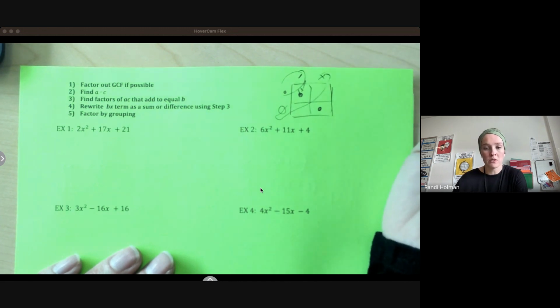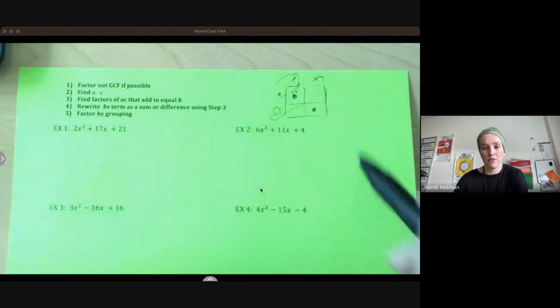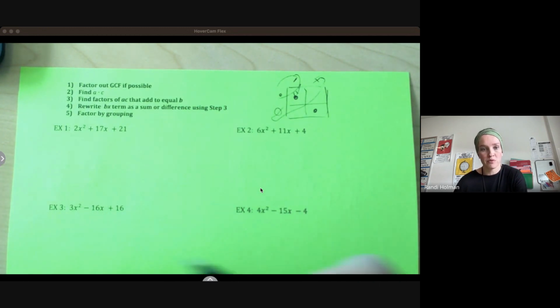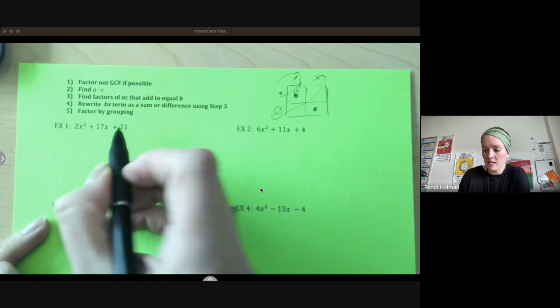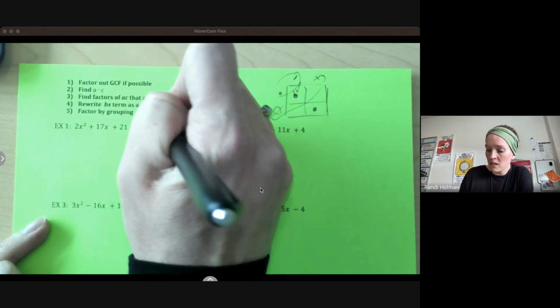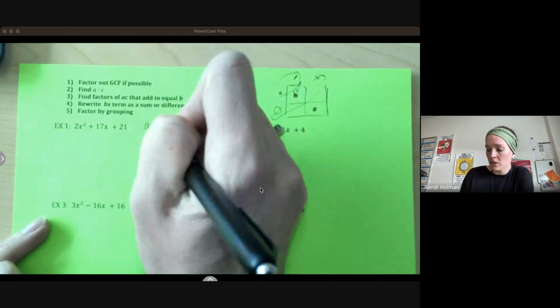So when we multiply those two things together, we're going to end up with all four of your coefficients from your two binomials. So if we take 2 times 21 here, that's our a times c. So a times c equals 2 times 21. That's just getting all of our factors of our coefficients together.